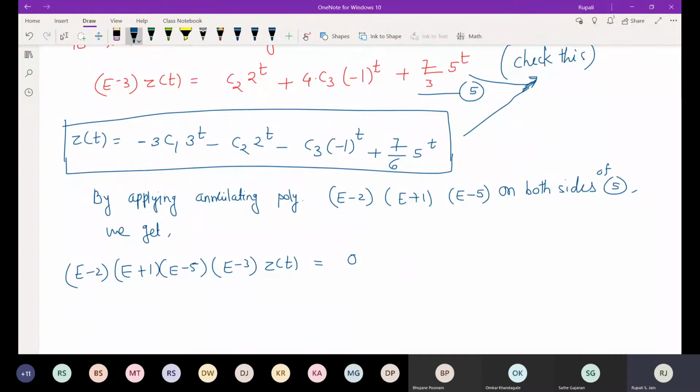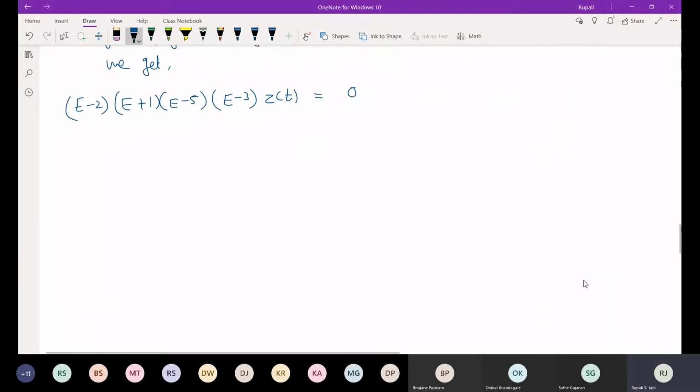Now what is the solution? What is my ZT? ZT will be C1, C3 already we have used, so we will use other constants, say C4 3^t plus C5 2^t plus C6 (-1)^t and C7 5^t.